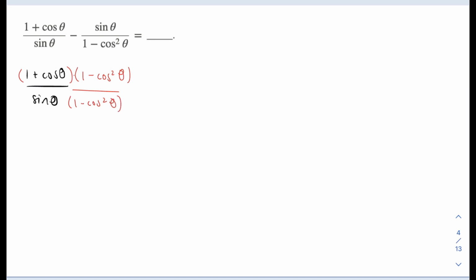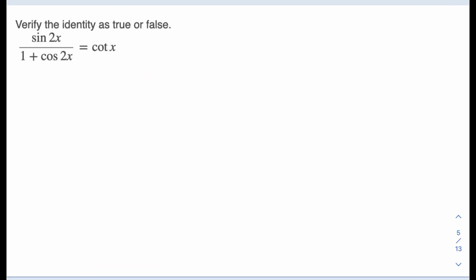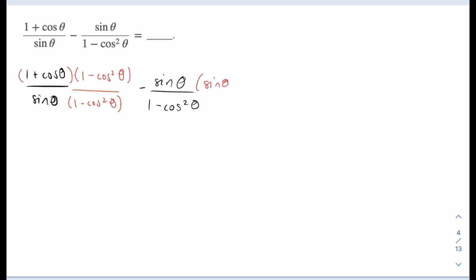And then this one, sine of theta over 1 minus cosine squared theta, I would have to multiply by sine of theta over sine of theta. And okay, fine, I could do that. This doesn't really concern me, right? This would simplify to sine squared of theta.